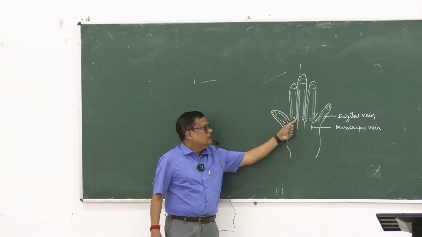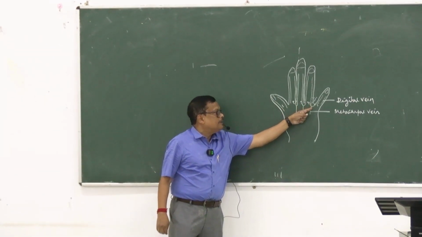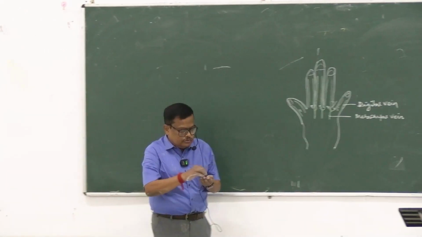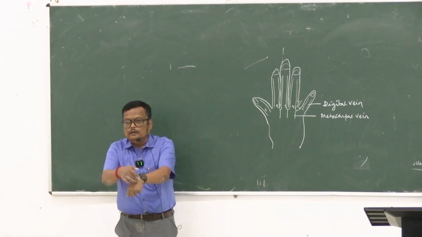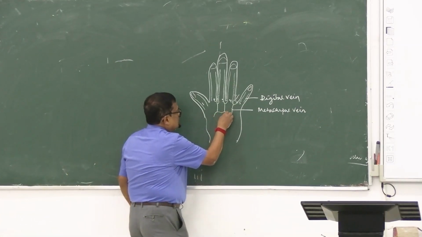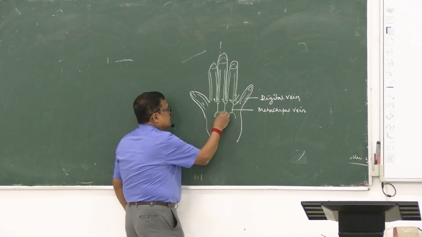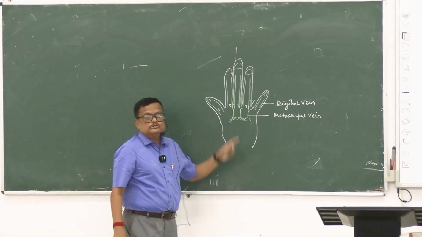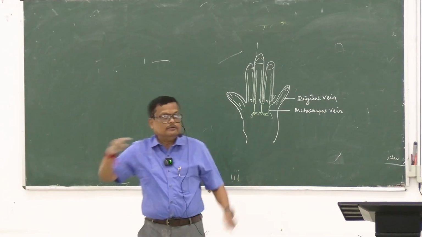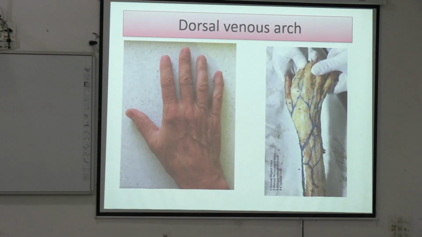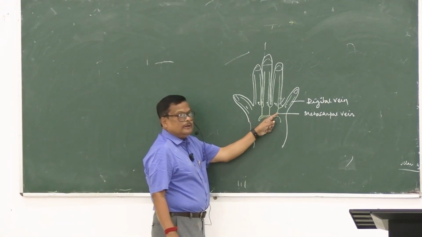Ultimately, these digital veins join together to form 3 metacarpal veins. These 3 metacarpal veins in the middle of the dorsum of the hand join together to form an arch-like network, and we call it the dorsal venous arch.